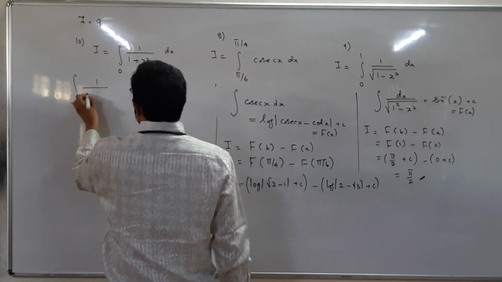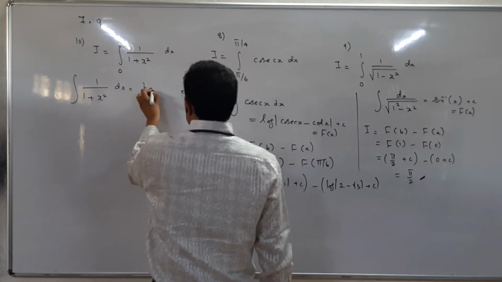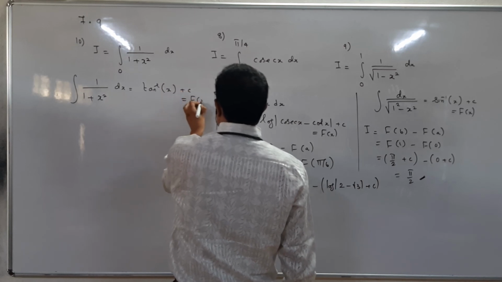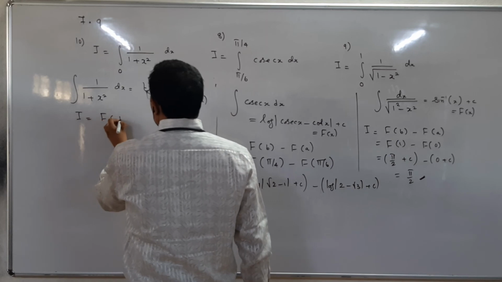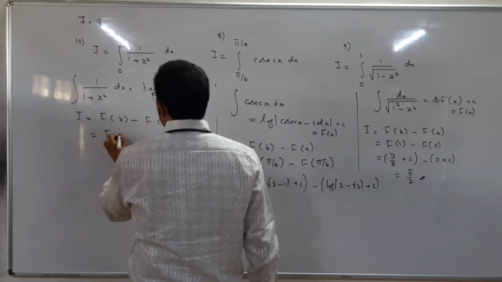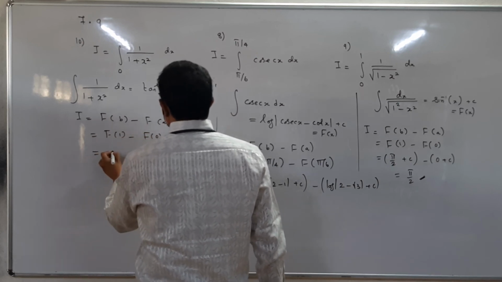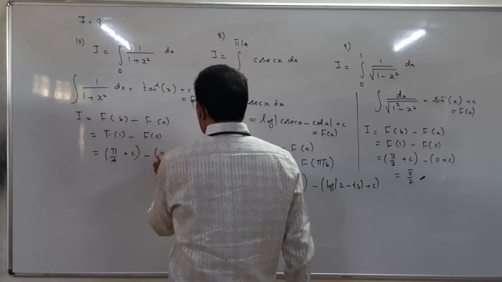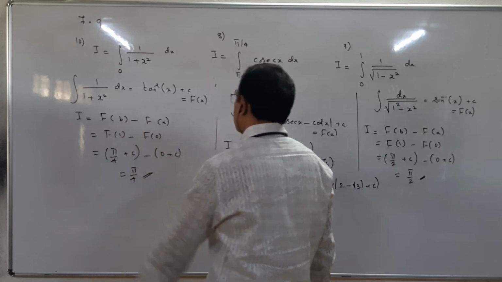Now integration 1 upon 1 plus x squared dx is nothing but tan inverse x plus c. This is capital F of x. According to second fundamental theorem of integral calculus, this is F of 1 minus F of 0. Tan inverse 1 is pi by 4. Tan inverse 0 is 0. So the answer is pi by 4.